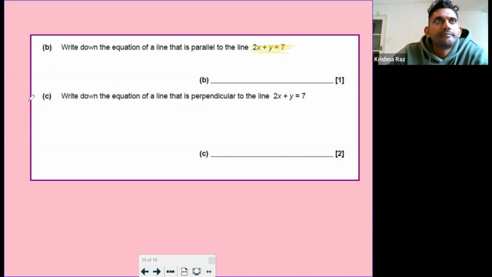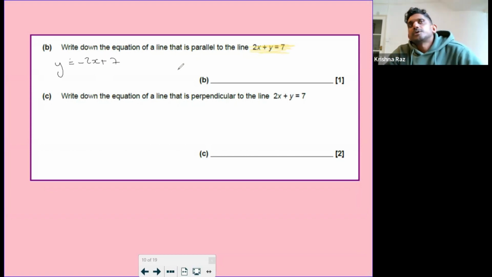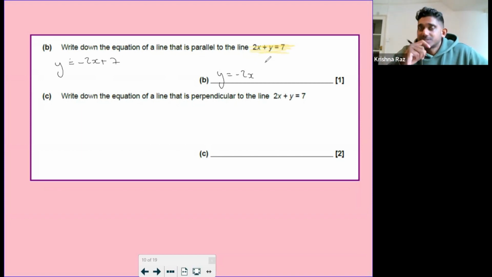So y must be equal to minus 2x plus 7. Well, any line parallel to y equals minus 2x plus 7 must have a gradient of minus 2. The y-intercept must be anything but 7, so I can use any number that isn't 7. I'm going to go with 6.